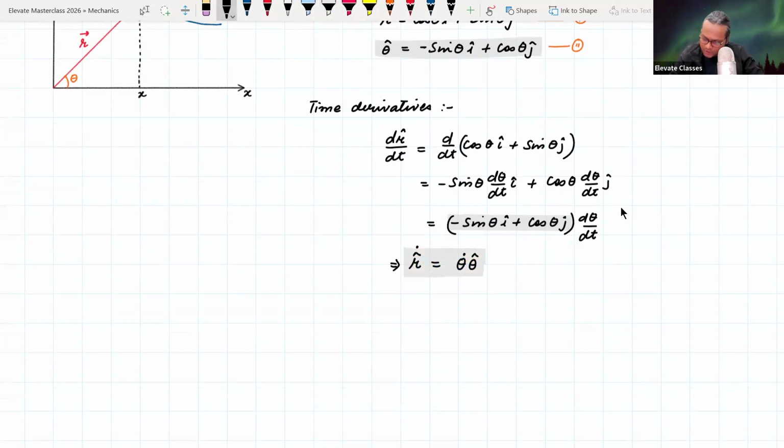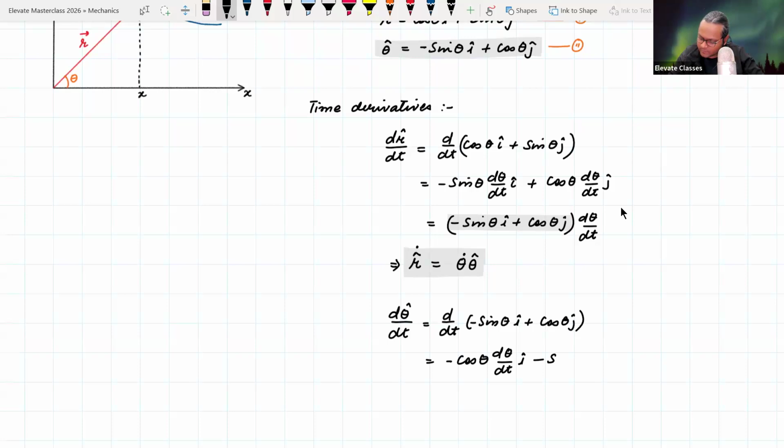And let's also find out d theta cap upon dt. So if I do d upon dt of minus sine theta I cap plus cos theta j cap, this is going to become minus cos theta d theta upon dt I cap minus sine theta d theta upon dt j cap.